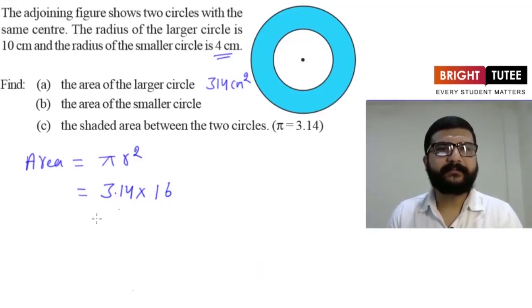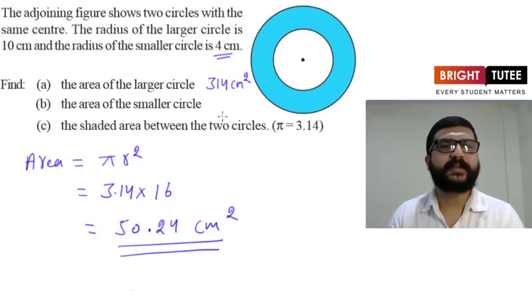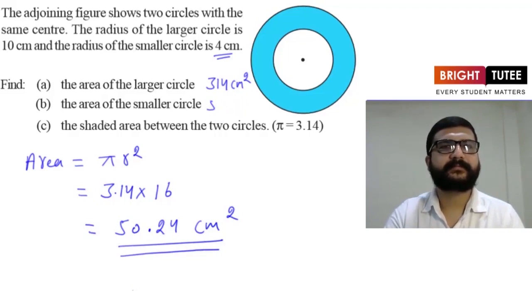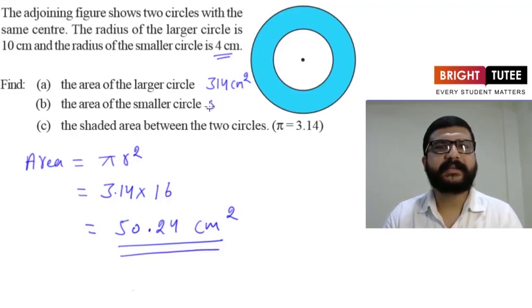So by multiplying them, we will get 50.24 square centimeters. This is the area of the smaller circle. So we will write it here, 50.24 square centimeters.